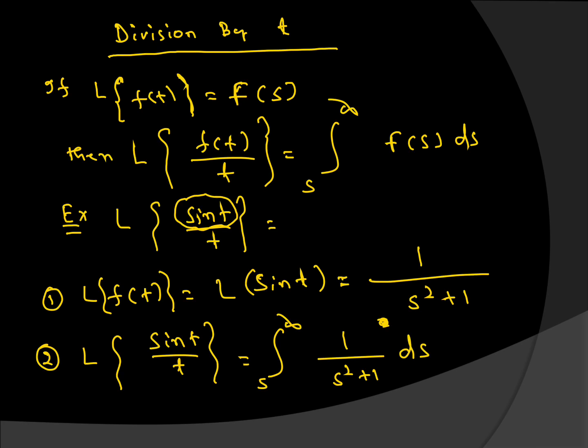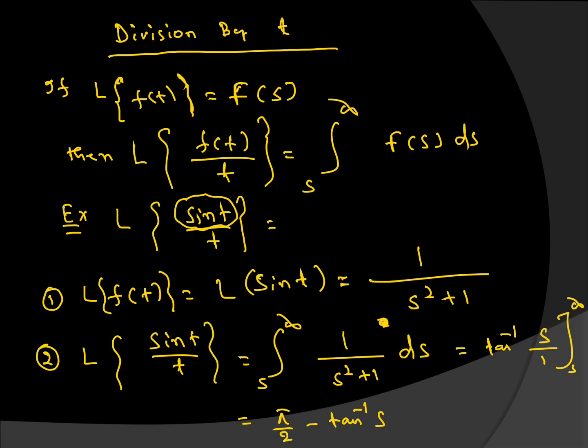So 1 by 1 plus s square, it's tan inverse s by 1, limit s to infinity. If you put the limit, tan inverse infinity, it's pi by 2 minus tan inverse s. This is your answer. This is division by t.